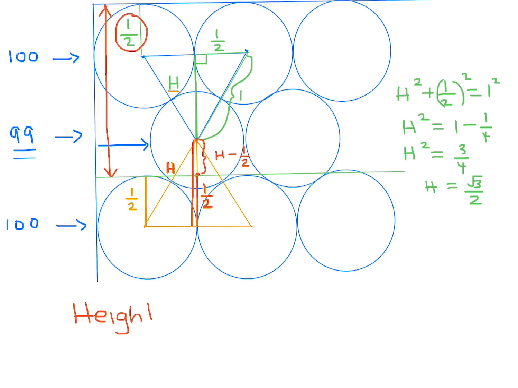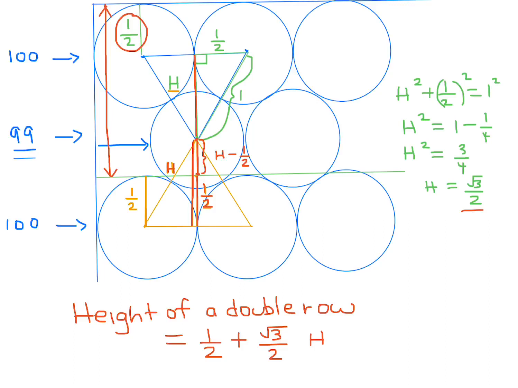Height of a double row is equal to, we've got a half, we've got h from there to there, and h is equal to root 3 over 2. And then we finally got this part here, which is h minus a half.